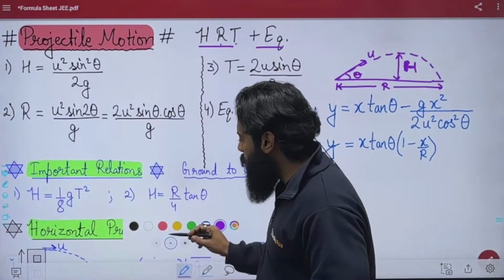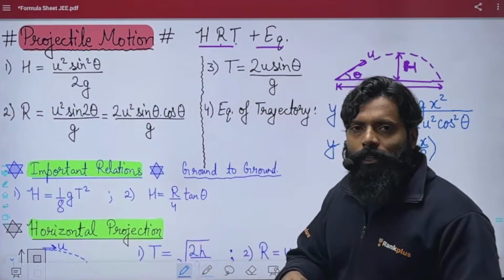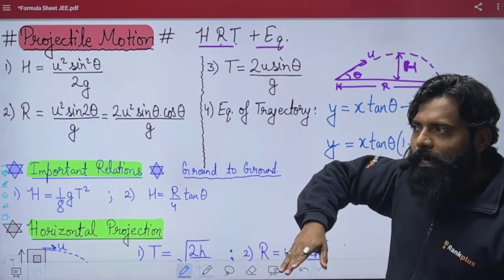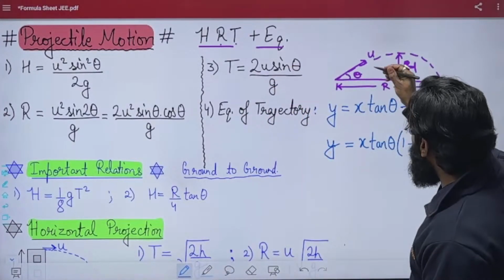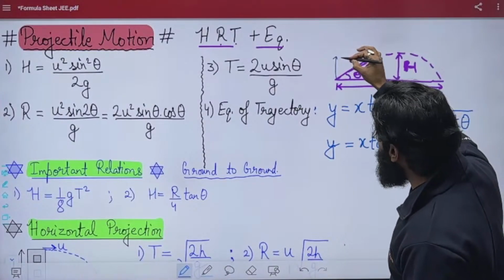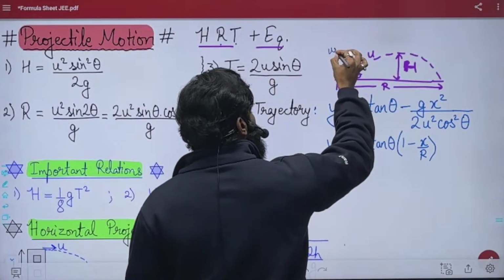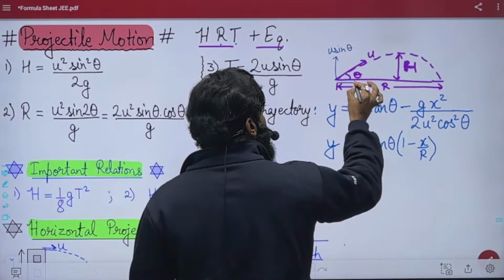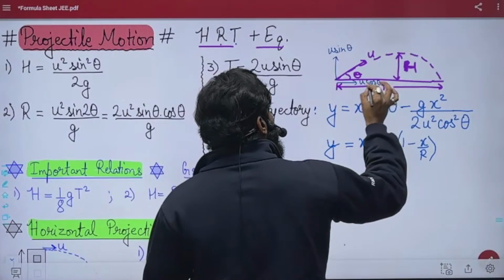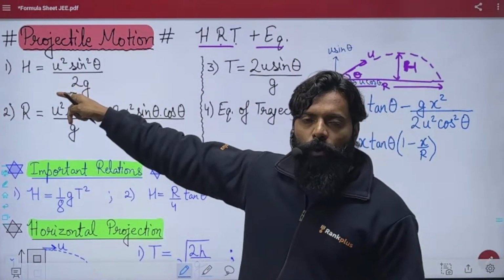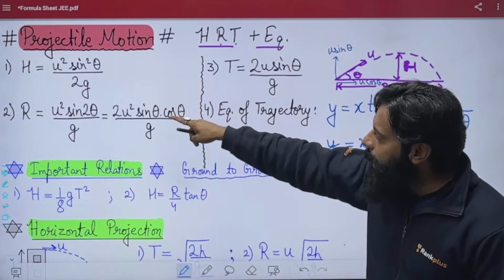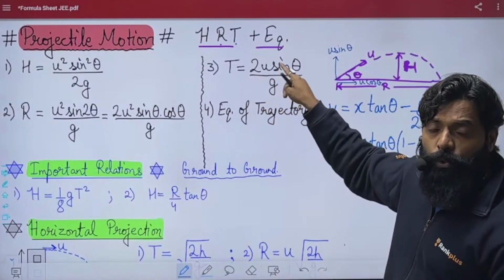Why simple? Because I already told you the two cases, when we are dropping the object and when we are throwing the object. So I can resolve this into two components, u sin theta and u cos theta, right? The formula for height is u square sin square theta divided by 2g, and for time it is 2u sin theta by g.